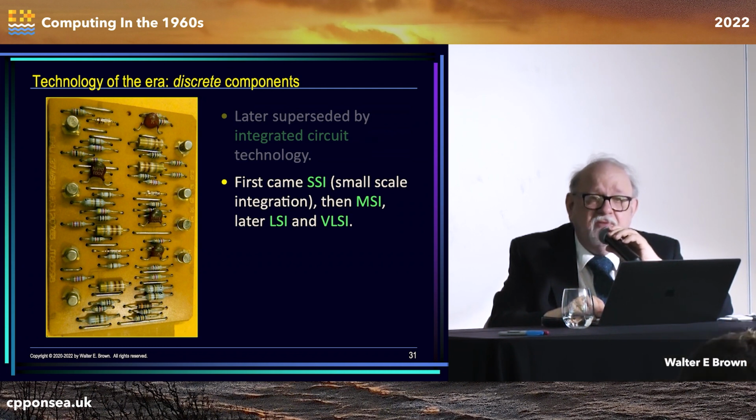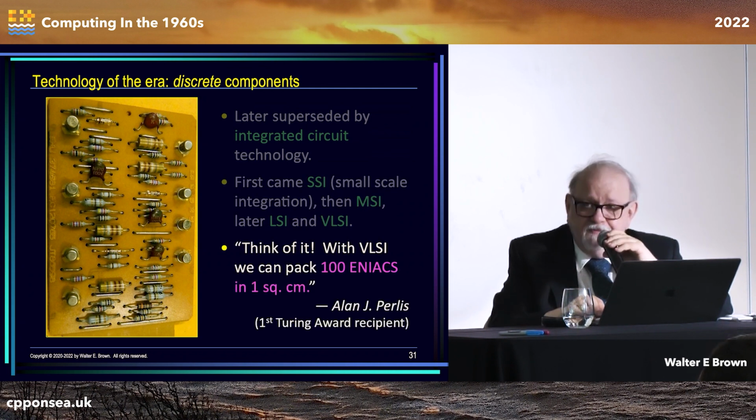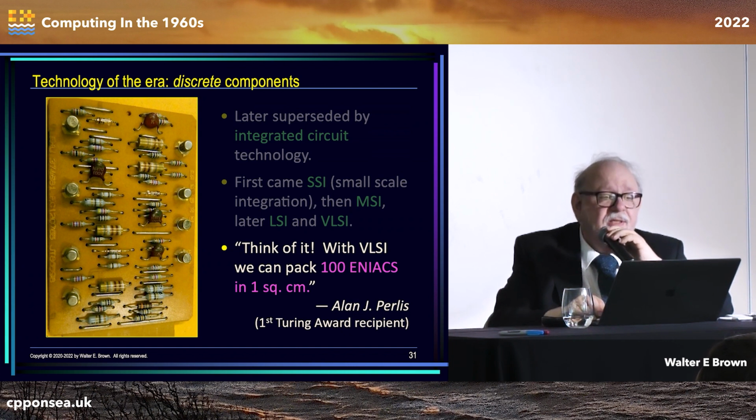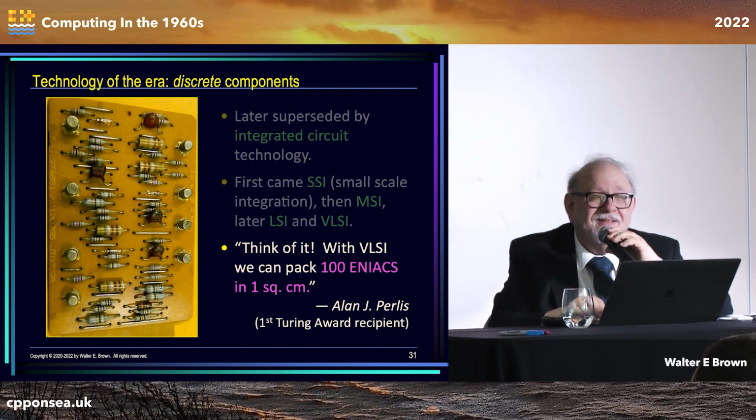But to give you an idea of how impressive that was at the time, I don't know if you recall the name Alan Perlis, who was the recipient of the first Turing Award. Think of it. With VLSI, we can pack 100 ENIAC computers into 1 square centimeter. Very impressive. The ENIAC might have fit into this room, but I wouldn't take odds. Just to give you an idea.